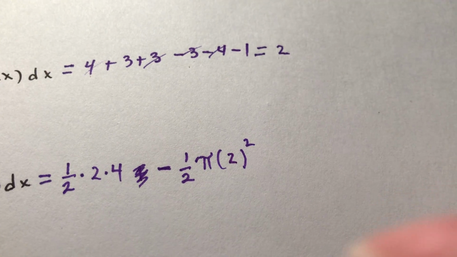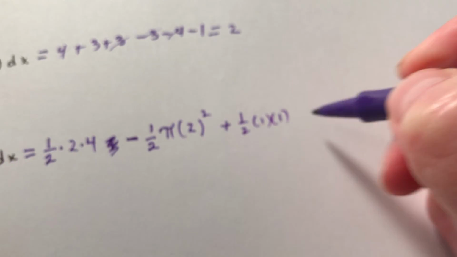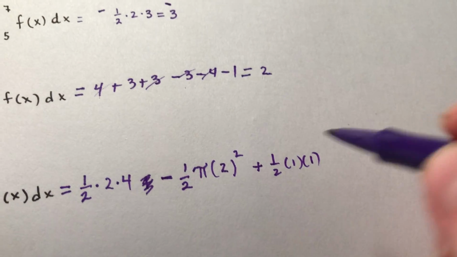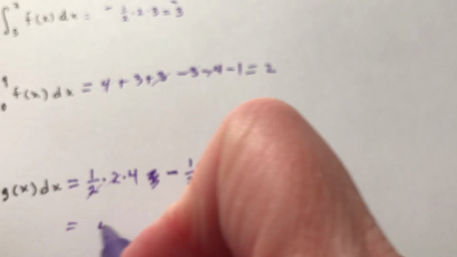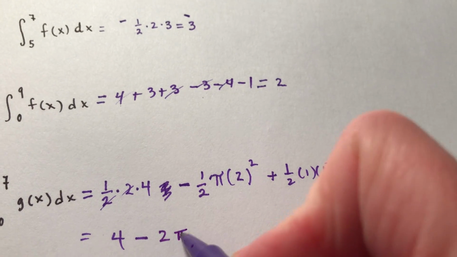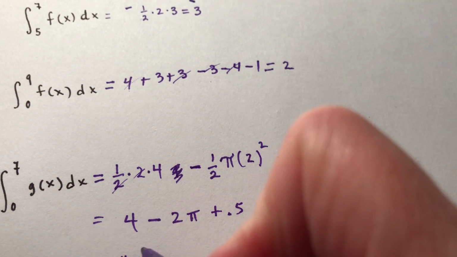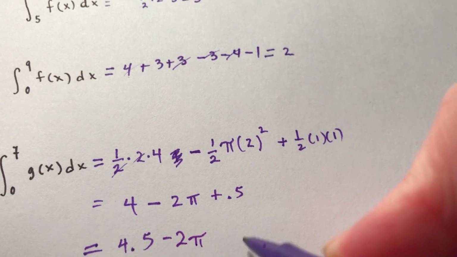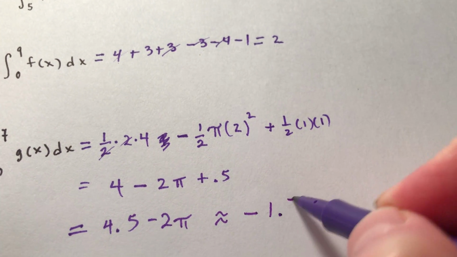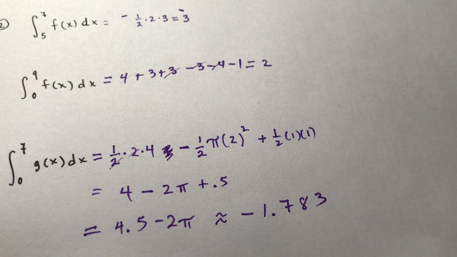So there's the semicircle, and then that last little triangle here is 1/2 times 1 times 1, and that's above the x-axis. If we put that together, what is that? That's 4 minus, let's see, 2 times 2 is 4 divided by 2 is 2 pi, plus 0.5 gives me 4.5 minus 2 pi, which is about negative 1.783.